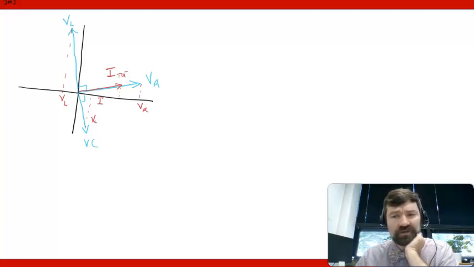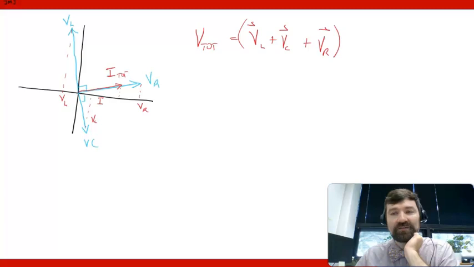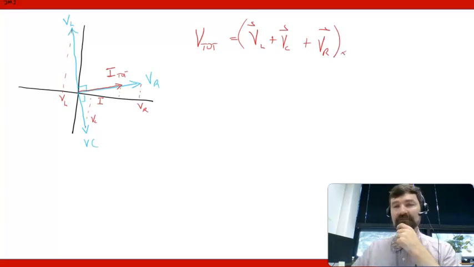Okay, so if I was going to get the V total at this time, I would basically have to add VL plus VC plus VR kind of as vectors onto the x-axis.